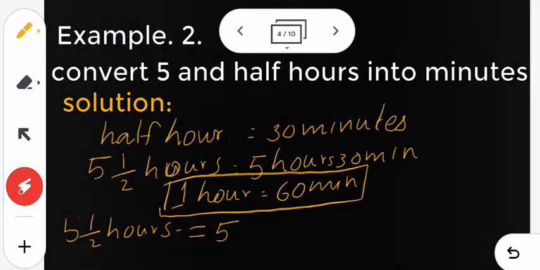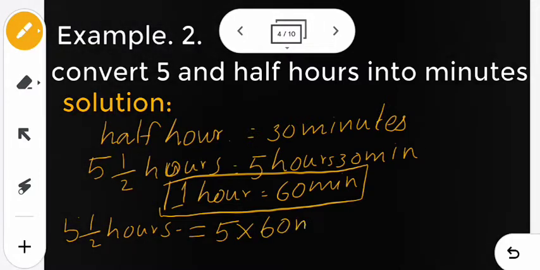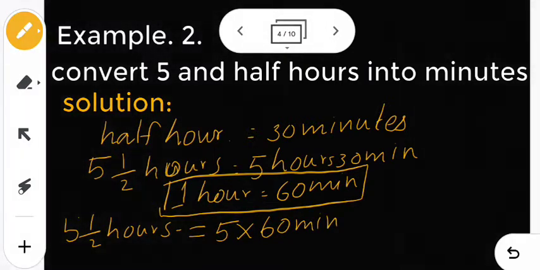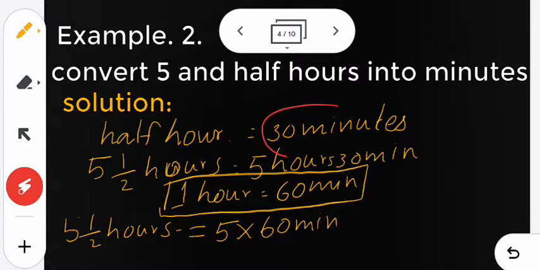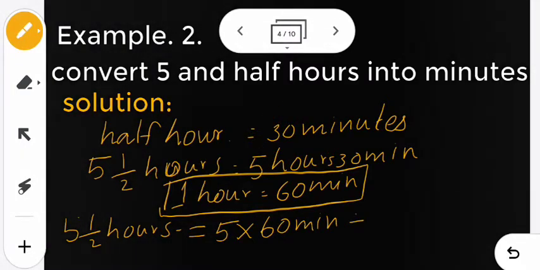So 5 only you will multiply by 60. When you multiply, it becomes minutes. Again, this half hour is 30 minutes. This is 30 minutes, it is not hours. So it is already in minutes, so you will not multiply this 30 minutes, you just have to add the 30 minutes. So plus 30 minutes.